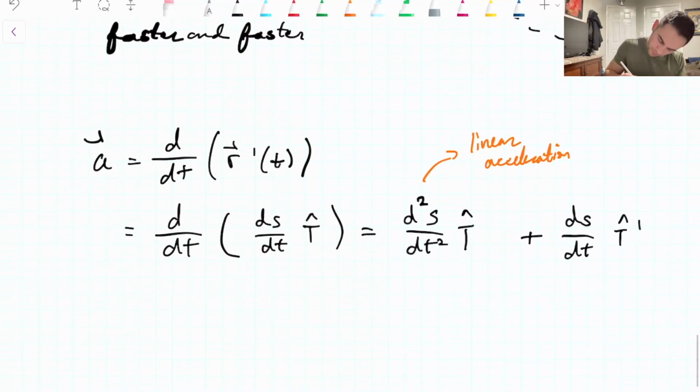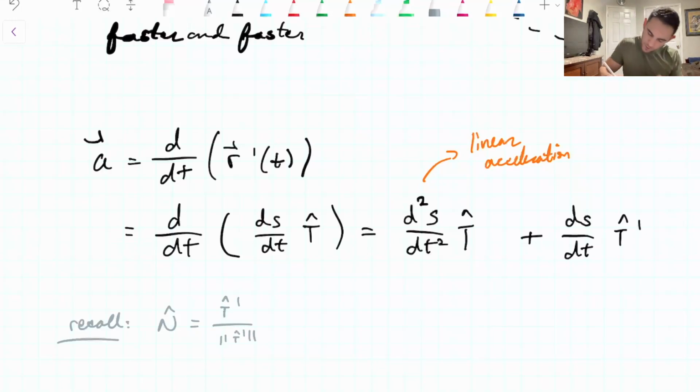So let's quickly recall that N hat is T hat prime but normalized. So what is T hat prime but N hat times the magnitude of T hat prime? But T hat prime appears in the definition of curvature, which is exactly what I expect. I expect this second piece of the acceleration vector to be telling me about curvature. So what is it again?